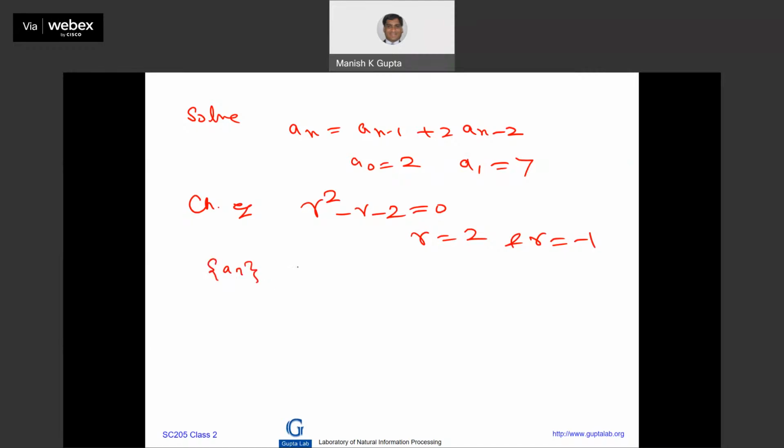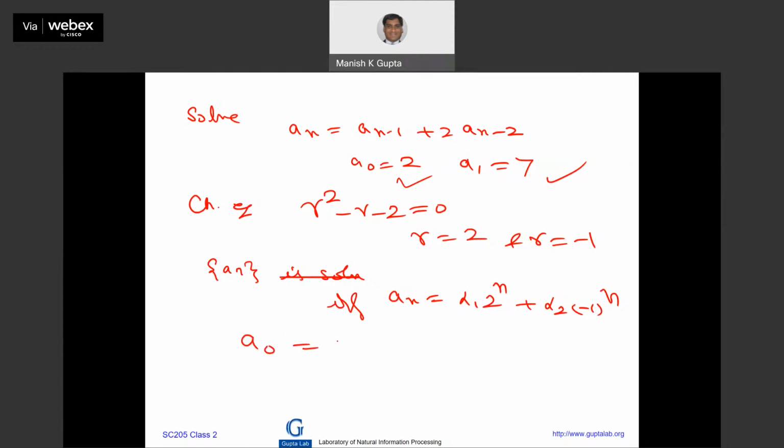So a(n) is the solution if and only if a(n) is equal to alpha 1 times 2 raised to power n plus alpha 2 times minus 1 raised to power n, right? I've just substituted the value. Now initial conditions are given, so I can find these constants, alpha 1 and alpha 2, right?